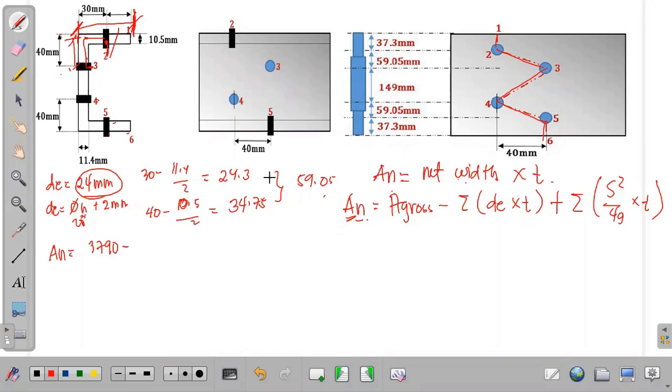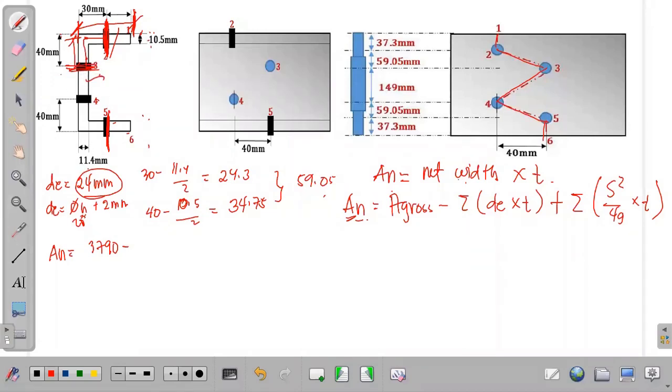So, we have, ilan ang bolt natin? Dalawa. Di ba? Ang thickness natin, dalawa sa 10.5, di ba? Ito yung isang bolt natin, andito yung isang bolt natin. Dalawa na ang thickness 10.5. And then, dalawa na ang thickness is yung thickness ng web, which is 11.4.